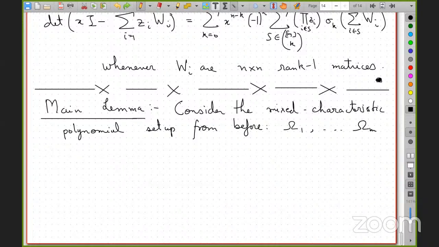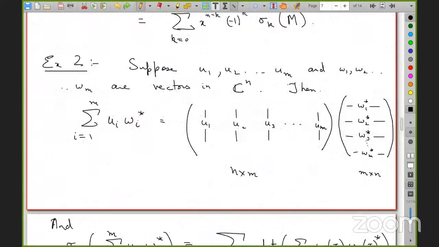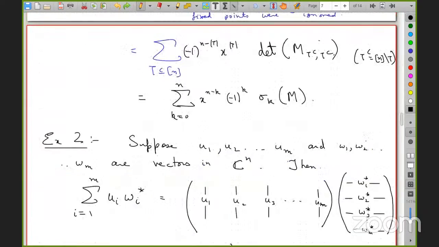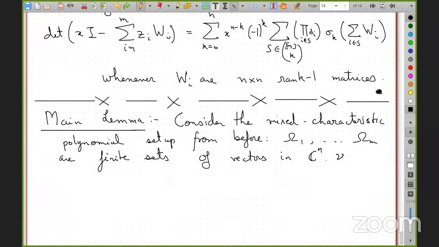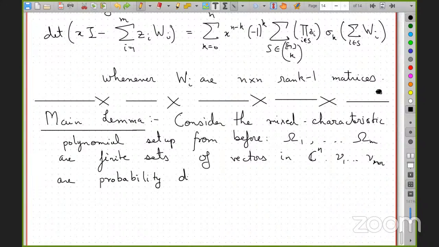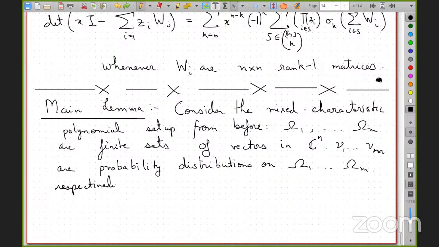Omega 1 through omega m are finite sets of vectors in C to the n, and mu 1 to mu m are probability distributions on omega 1 to omega m respectively, and mu is the distribution of sampling independently from each, for each coordinate, independent.